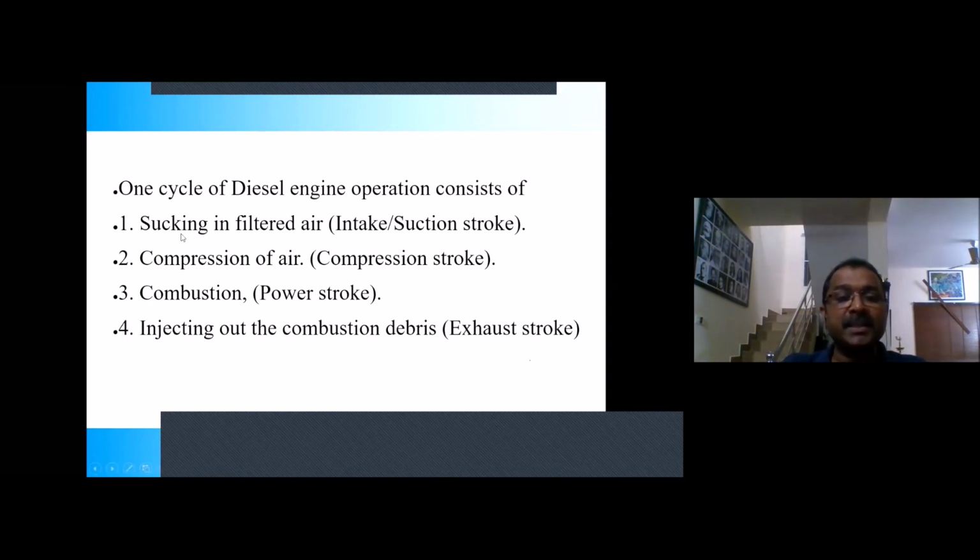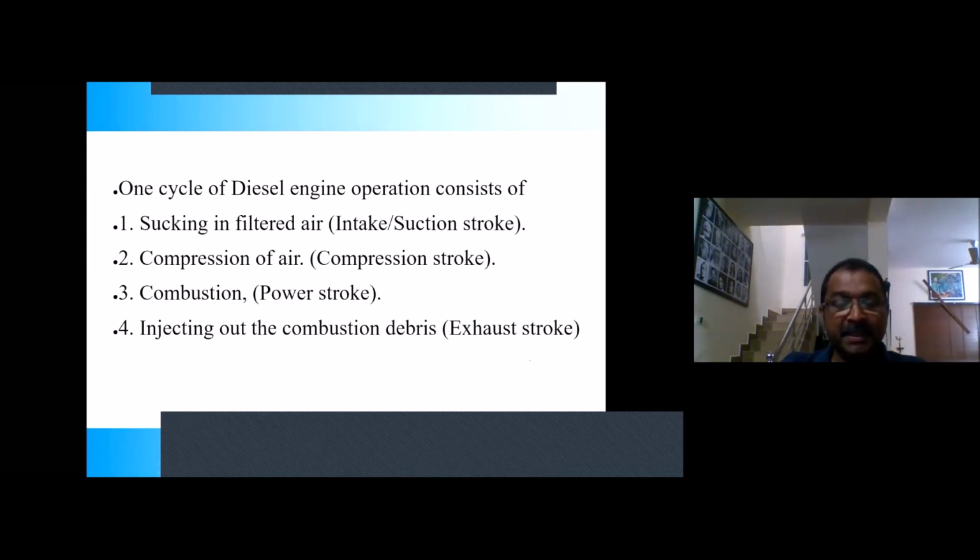The very first one is sucking in of filtered air. We call it the intake or suction stroke. Then we will compress it. It is called the compression stroke. The third one is combustion, and it is the very special stroke. It is called the power stroke.